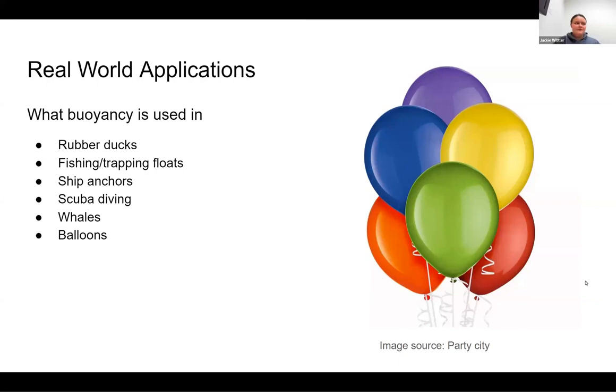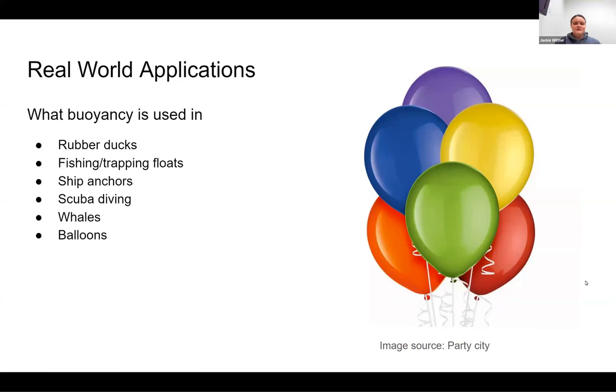Okay, so for our real world applications, there are several different things that buoyancy is commonly used in. For example, if you have a rubber duck sitting in water, it will float. This is because while there is just regular air inside of the rubber duck, the rubber itself is lighter than water, and so it will cause the duck to float on the surface of the water.